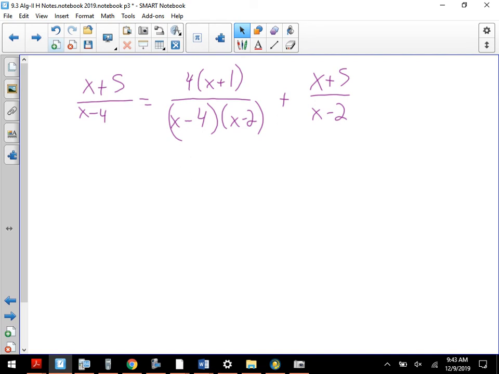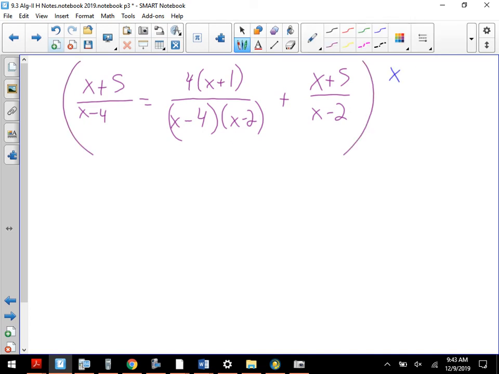So I want to multiply by something, the least common denominator. Okay. The smallest amount that these guys are going to have in common just happens to be the x minus 4, x minus 2. So I have to multiply everything by x minus 4, x minus 2. Okay. When I do that, this one has the x minus 4, it needs the x minus 2.